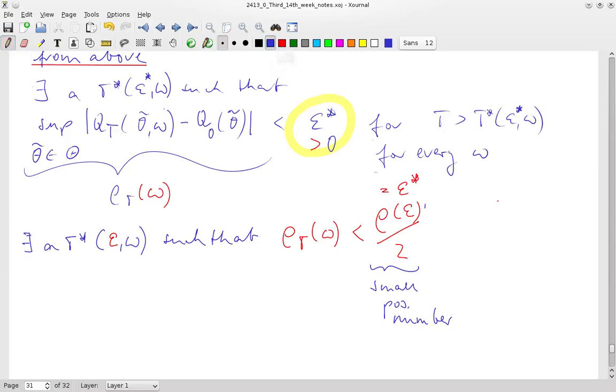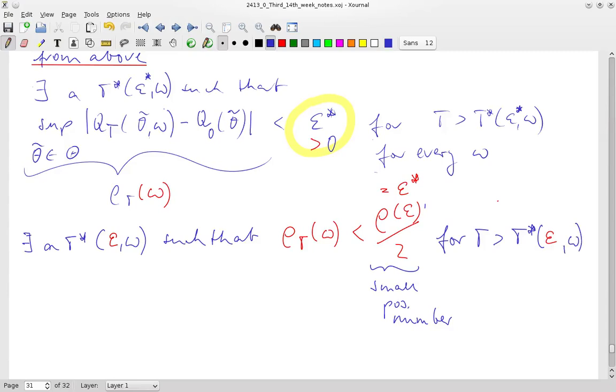Okay, so going on here, this has to happen for every t that is bigger than this t star number, which I say is now a function of epsilon and of the omega that I have at hand.